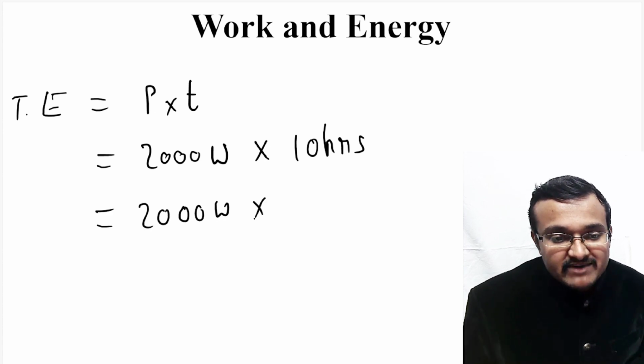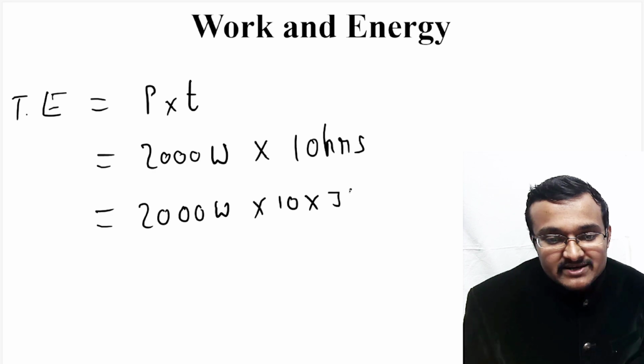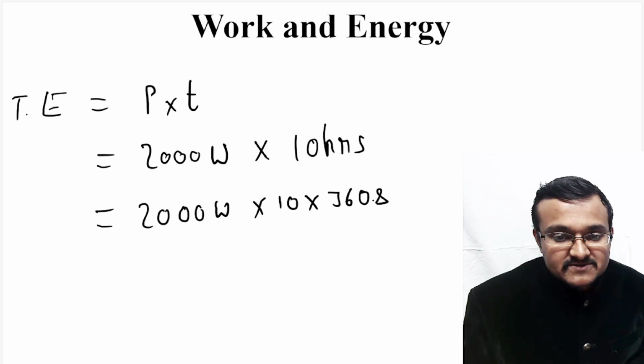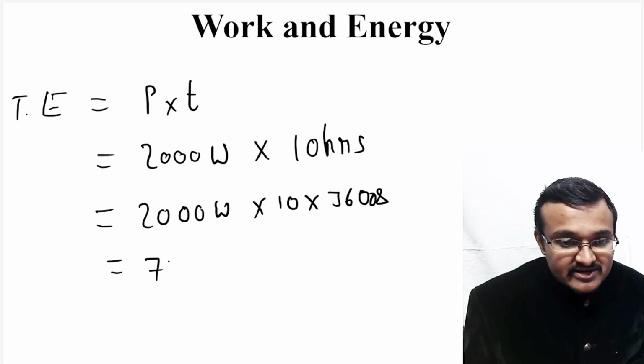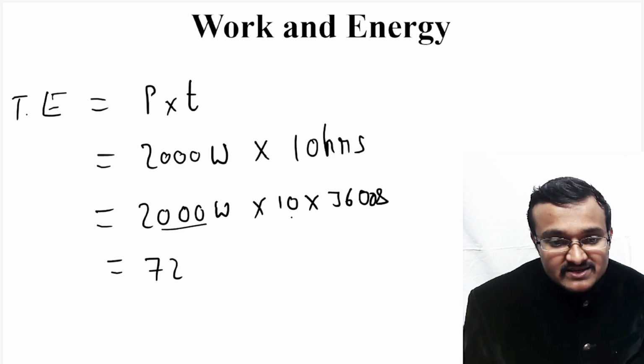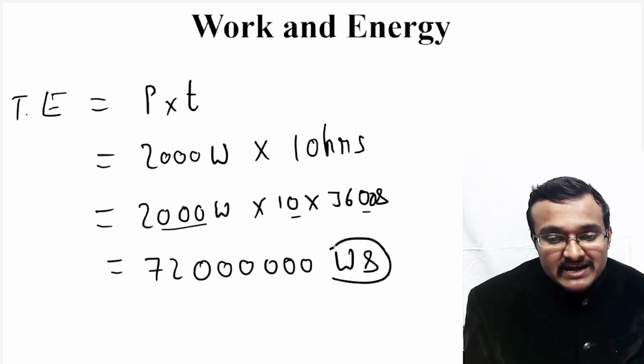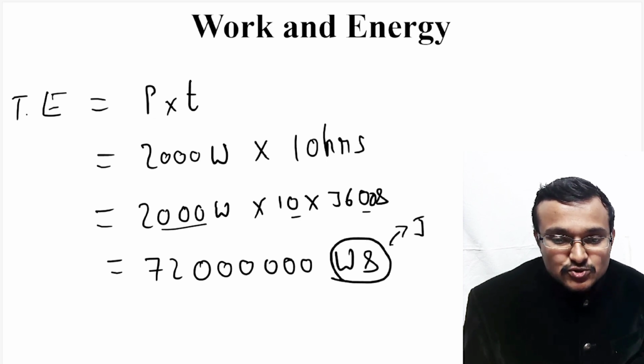So 2000 watt into 10 into 3600 seconds. 2000 into 10 into 3600 is equal to, 36 into 2 is 72. Here 3 zeros are there, here 1 zero, here 2 zeros, so 6 zeros I have to put here. Watt second I can write as joules.